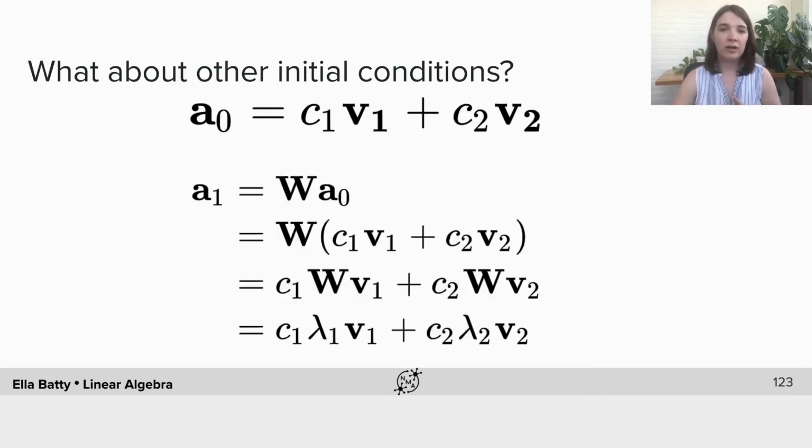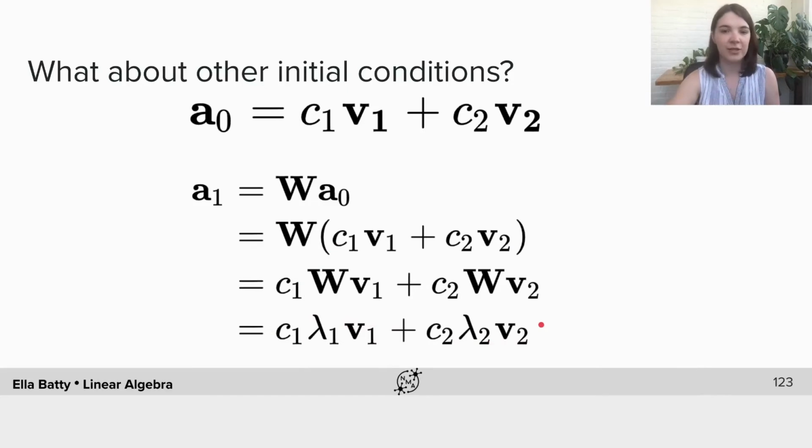And so if we then do what we've done before and start substituting in, we get the activities at time step 1 are equal to the weights times this linear combination written out. And then we can perform basically algebra on that to rewrite it into this form.